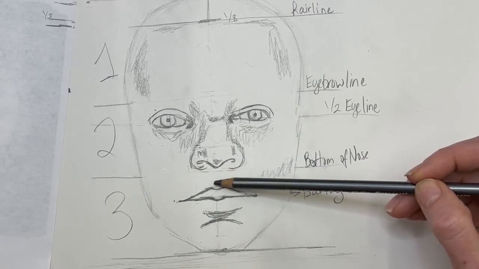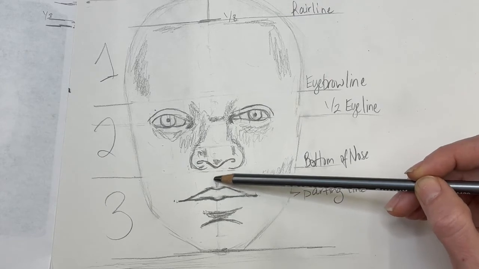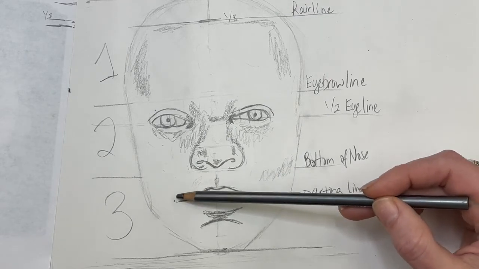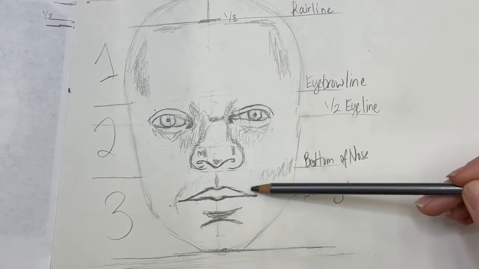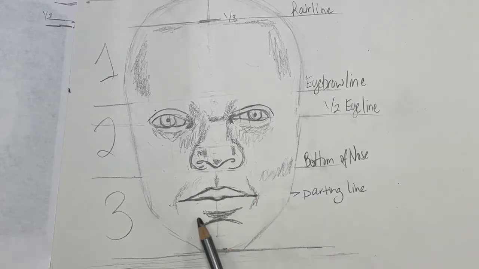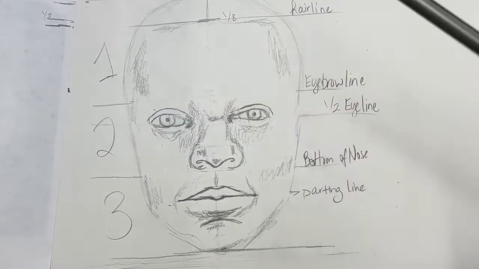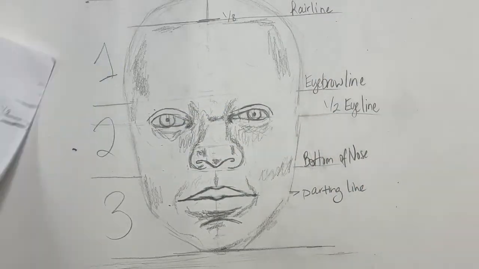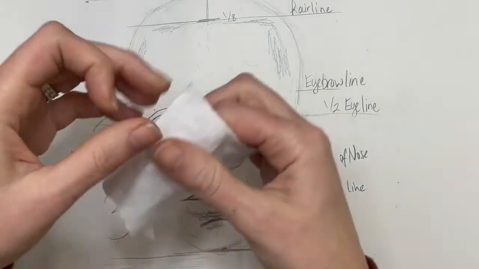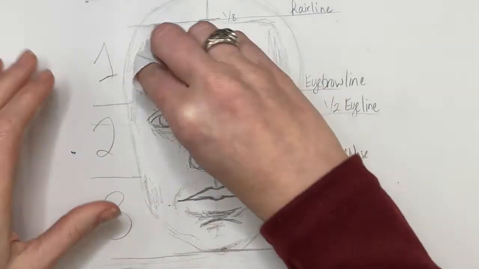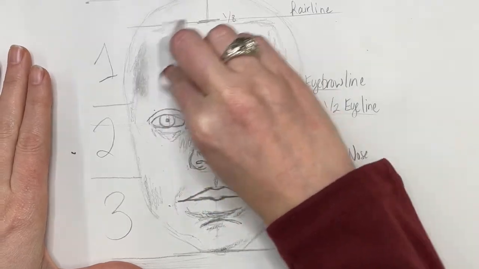I've got a little curve in right here. Once I have a little bit of shadow down, I can use my t-shirt piece to smooth and blend.